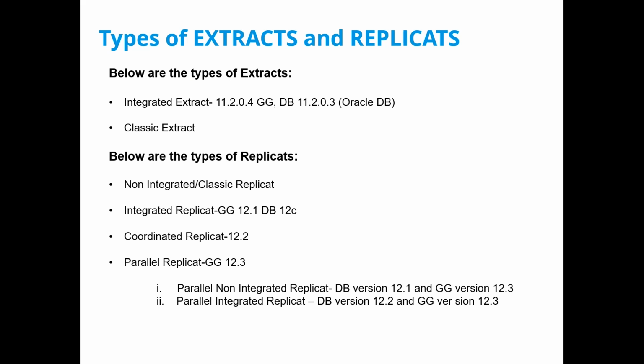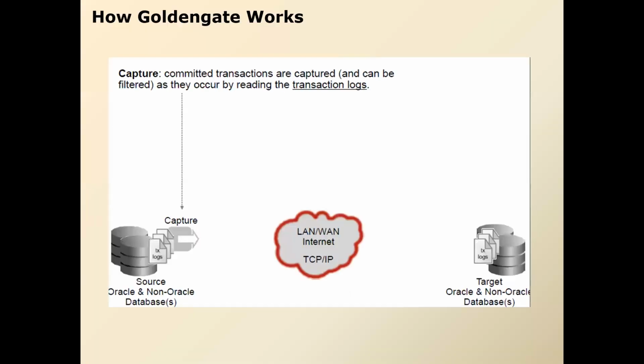Now to continue this discussion, let us discuss the architecture of Oracle GoldenGate. So how does Oracle GoldenGate architecture work? You have a source database and a target database.